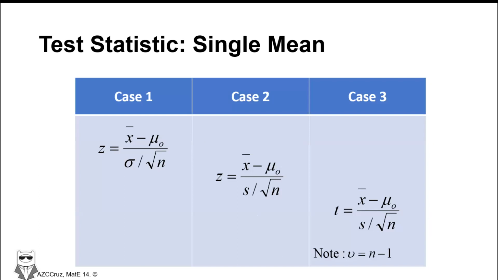So if known yung standard deviation, that is case 1. Case 2 is unknown yung population standard deviation pero we can assume it to be normal. Tapos yung case 3 natin is unknown yung population standard deviation. Tapos small size siya such that hindi natin ma-assume yung normality, no?